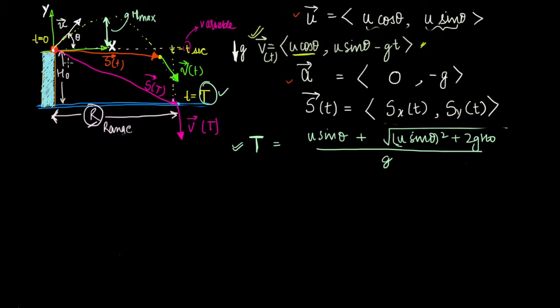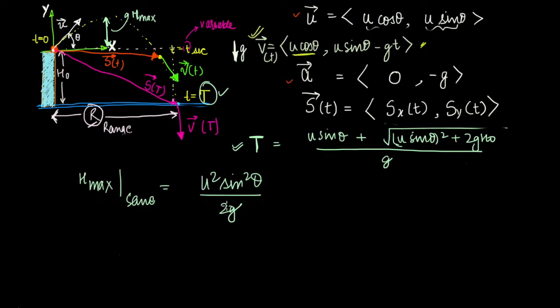In that case, it really doesn't matter if you're throwing it from a wall, from the Empire State Building, or from the ground, it doesn't matter what height you're throwing it from, because this is relative to the initial position. So the equation for h max remains the same, and that is u square sine square theta by 2g, if I'm not mistaken.